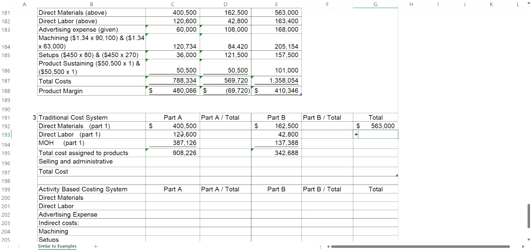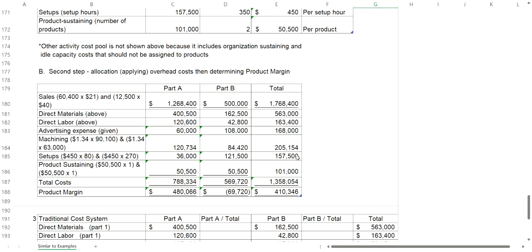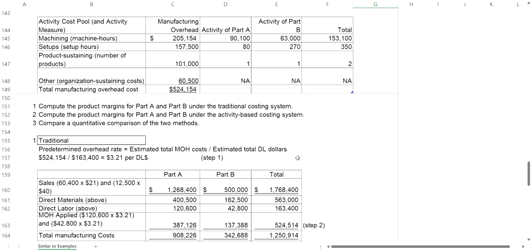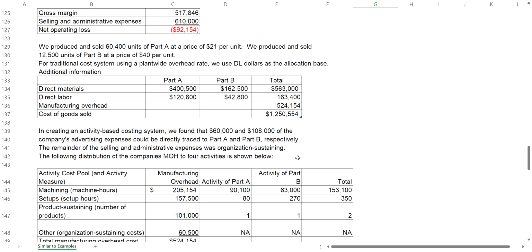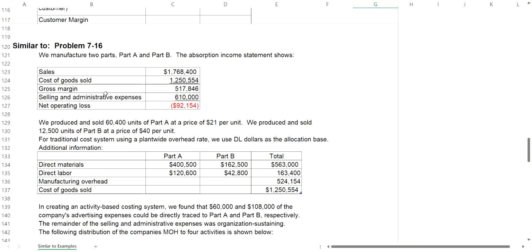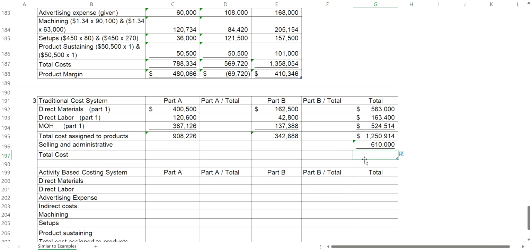Let's make sure that gets corrected. Okay, next I will bring down the selling and administrative expenses to the total column because it can't be allocated among A and B. So if I go to the beginning of the problem where they gave me the absorption income statement, selling and administrative expenses are given at $610,000.